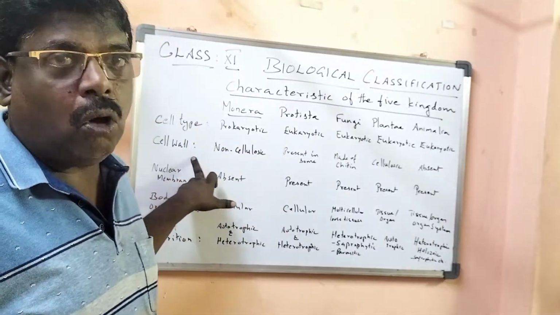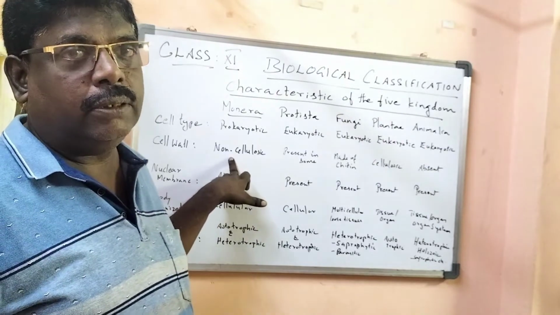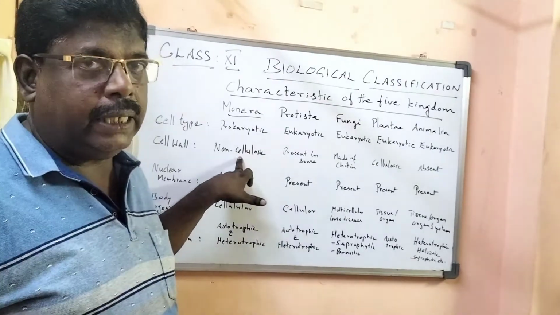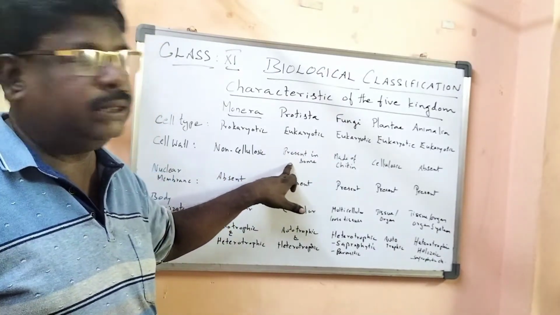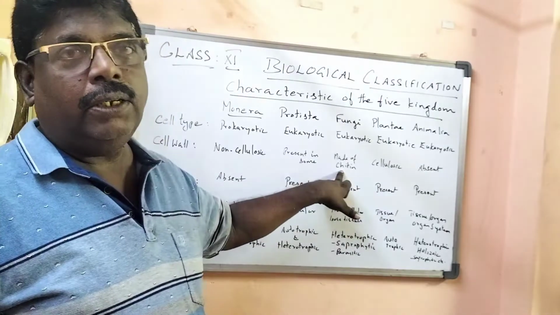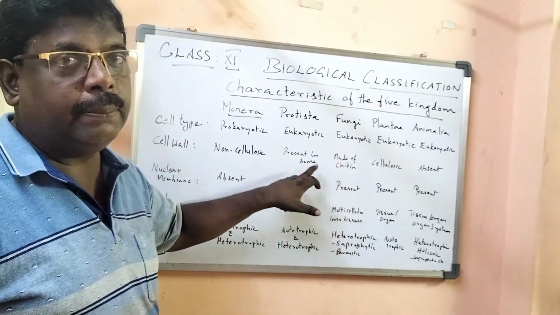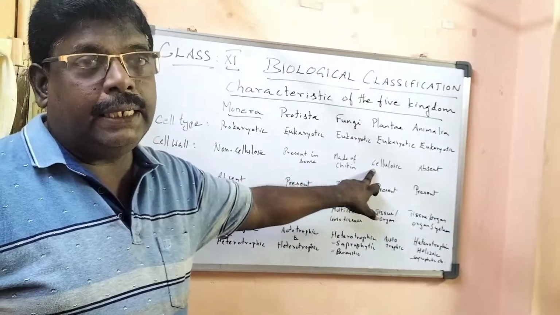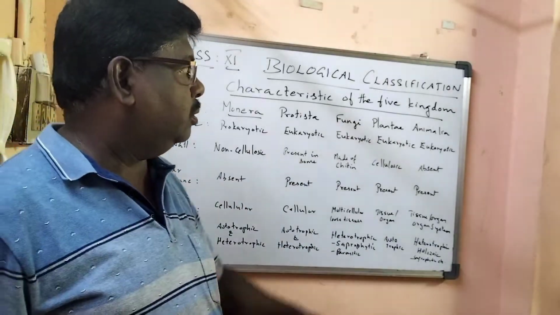Then comes the cell wall. Monera is non-cellulosic. They are not made up of cellulose because they are all bacteria. In Protista, in some cases a cell wall is there. The cell wall of fungi is made up of a chemical substance called chitin. You know that the plant cell wall is made up of cellulose.